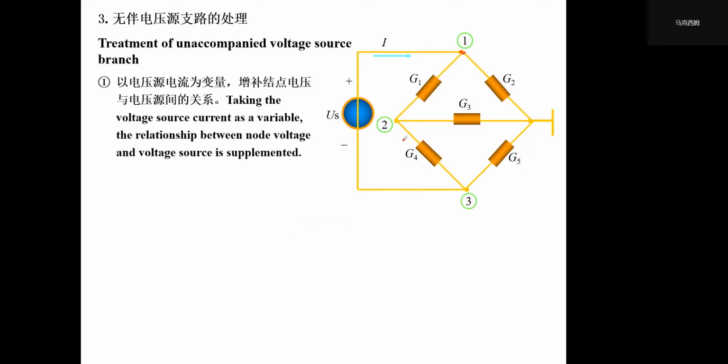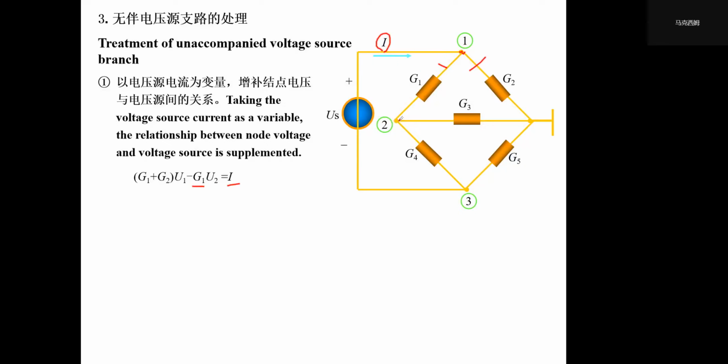But we still don't know the real value of the current, so we have to get another extra equation to solve for this current I. So for node 1, we have G1, and there's only one branch between node 1 and node 2, that is negative G1. And there's only one current source flowing in, so it's I.